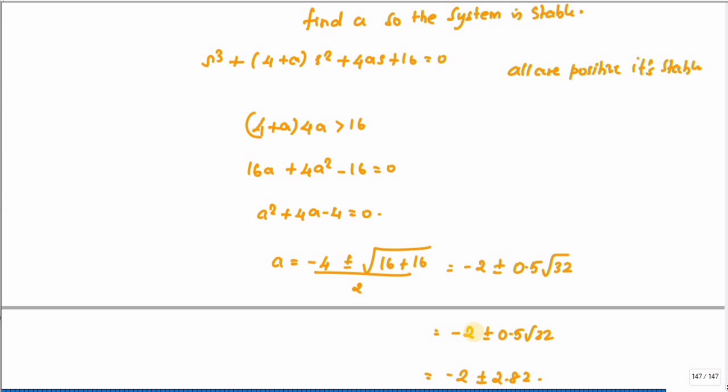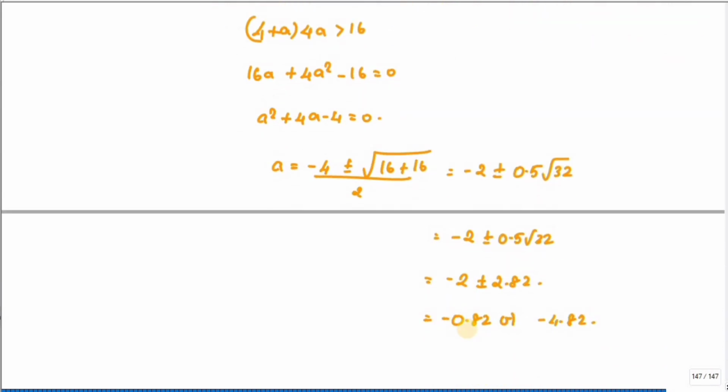So since one value is negative, the A value is 0.82 and the other value is minus 4.82. So here the A value should be greater than 0.82. Okay, so from the option I can take A is equal to 1 or 2.